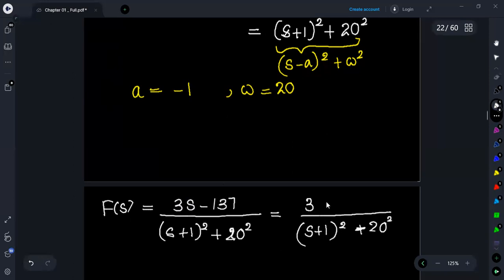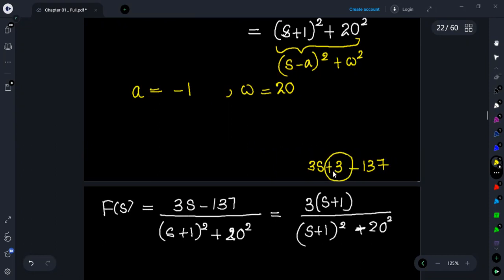So 3 times, if we replace s by s plus 1, and expand this one, this becomes 3s plus 3, and we have minus 137. But this 3 is something new that we have added.